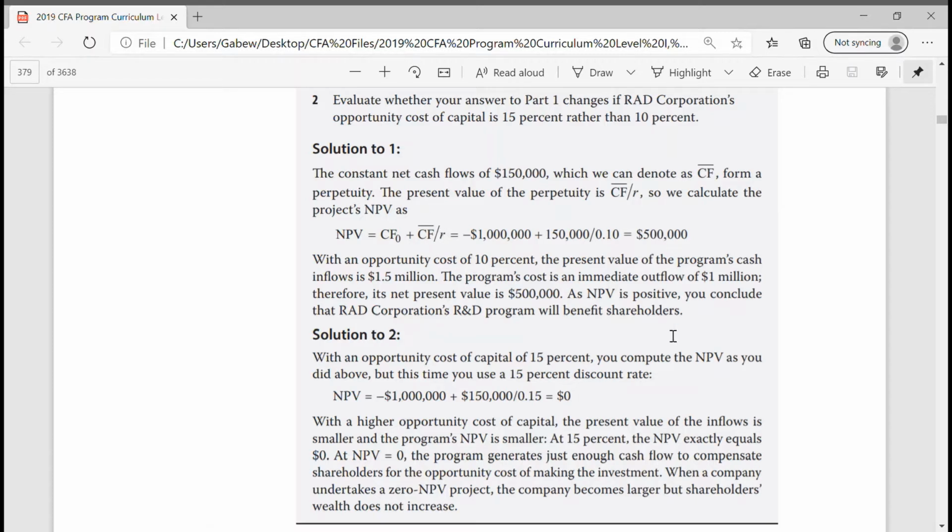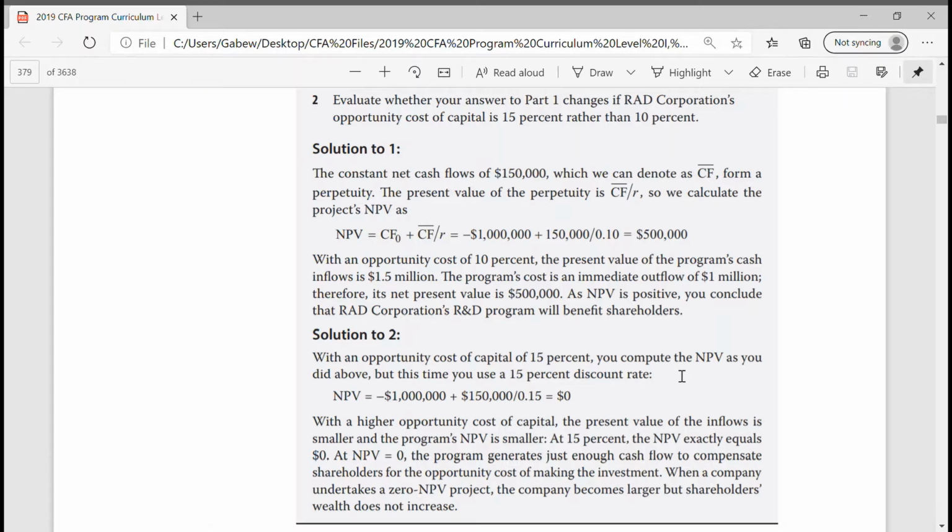With an opportunity cost of 10%, the present value of the program's cash flow is $1.5 million. The program costs an immediate outflow of $1 million. Therefore, the net present value is $500,000. As NPV is positive, you conclude that RAD Corporation's research and development program will benefit shareholders.